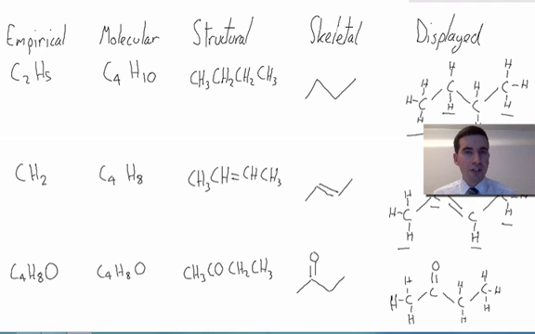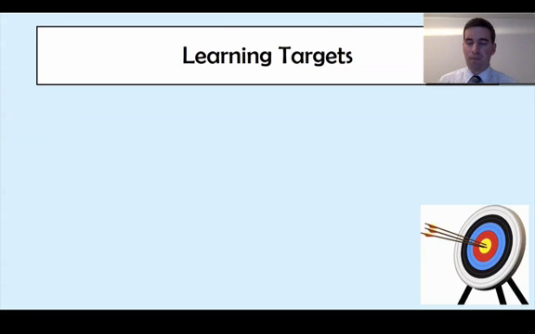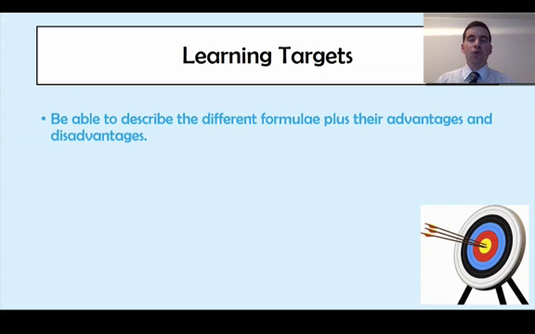So hopefully these 3 examples will help you to understand what is expected for each of the 5 formulae and will help you realize what you need to put in your answers in your exam questions. So hopefully you now know the different formulae you might be asked to write or draw and why we have different types.